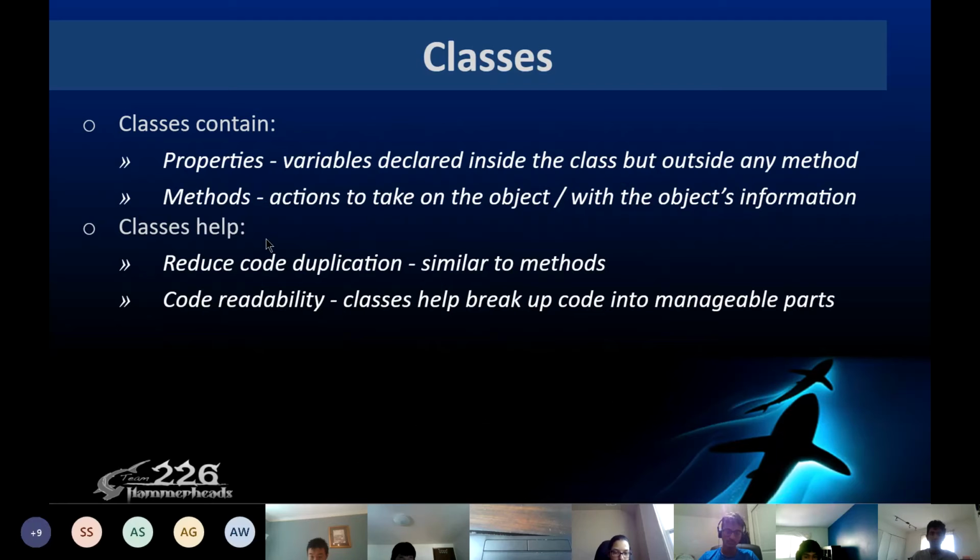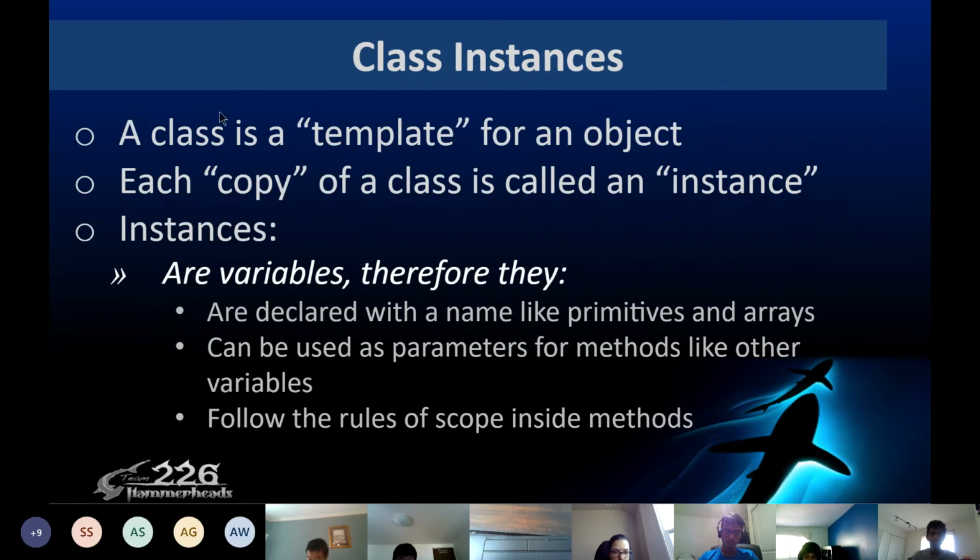Classes are similar to methods in that they reduce code duplication and help you read the code more easily, because they break up code into smaller and more manageable parts. A class is like a template for an object, and each copy of a class is called an instance. One good example is a cookie cutter.